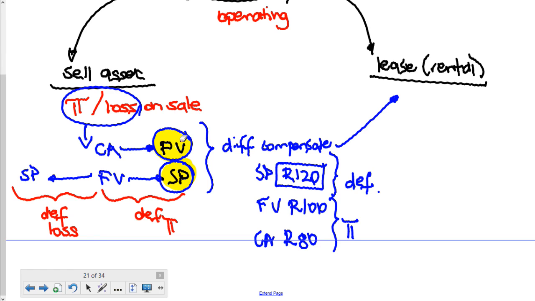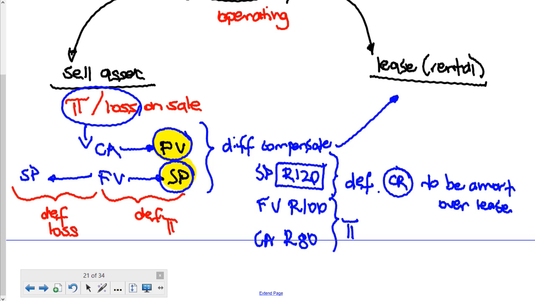And if you think about it, this is what's going to happen. You're going to put this deferred amount into your P&L. It's a credit. Do you agree? Over the period of the lease, you will recognize that amount. Over the period of the lease, this credit will end up in my P&L slowly, slowly.